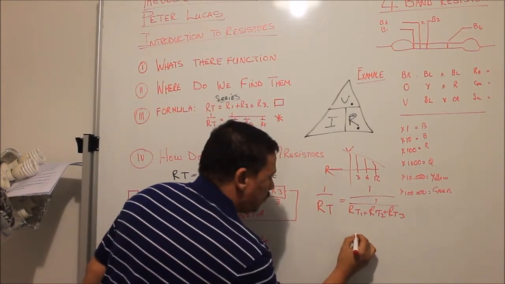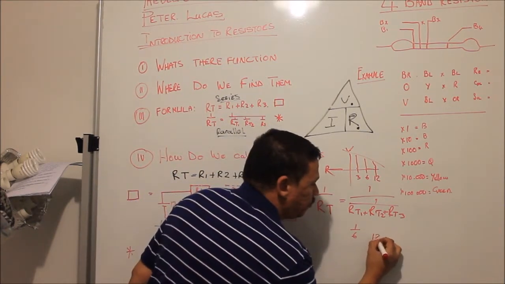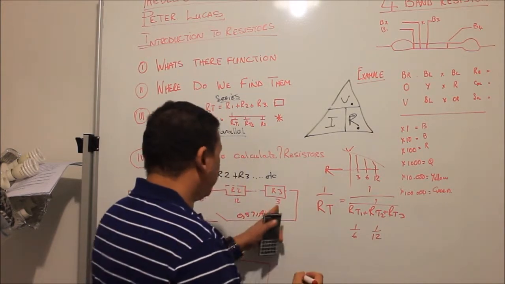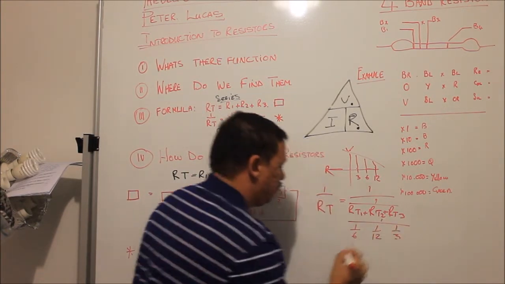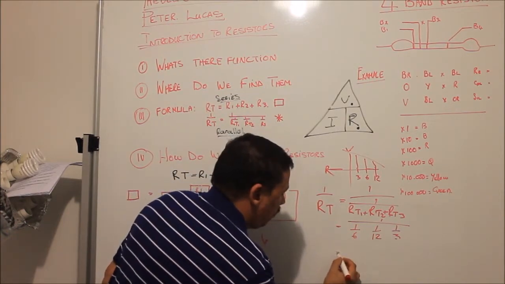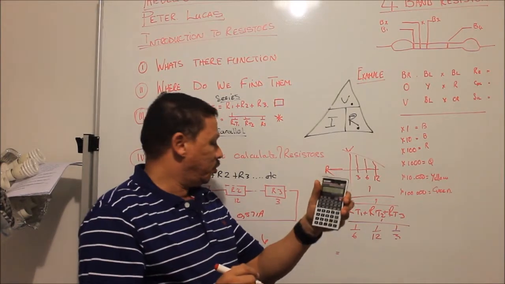So let's put some numbers in there. RT1 is 6, RT2 is 12, RT3 is 3. Once again, I'll make use of my calculator.